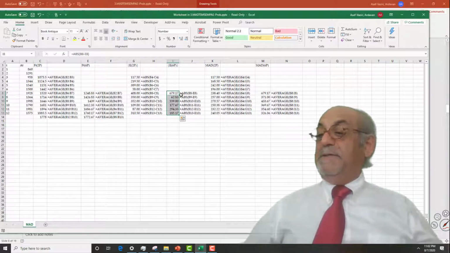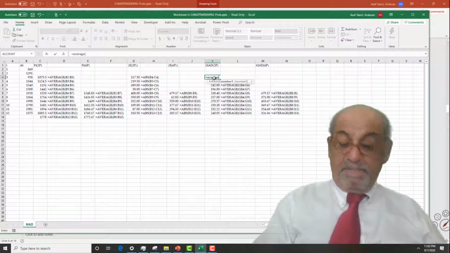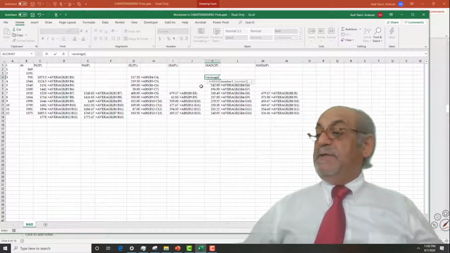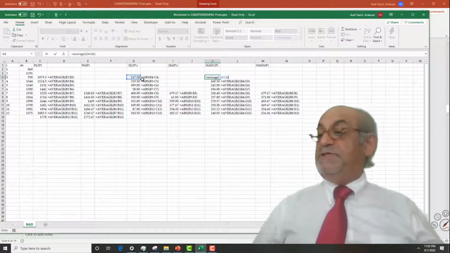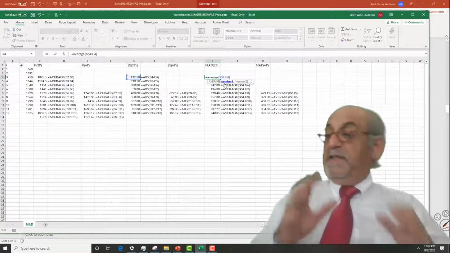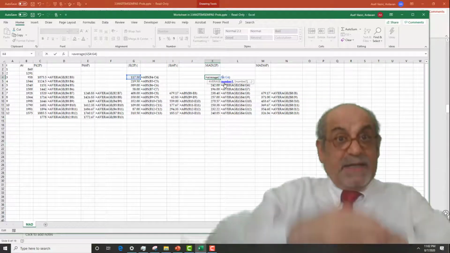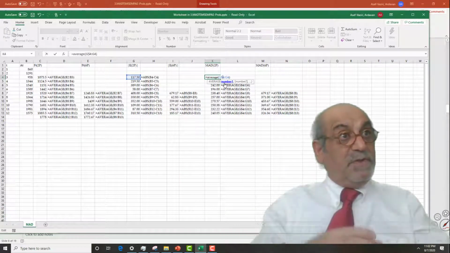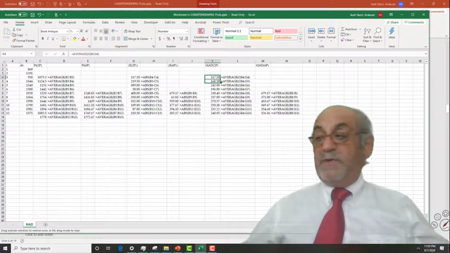Then for MAD, equal to average, this is the absolute error column, so that is G4 to G4. But I put a $ in front of 4, therefore row 4 remains absolute and the second G4 will be relative. So when I copy it down, the first 4 remains 4, the second one becomes 5.